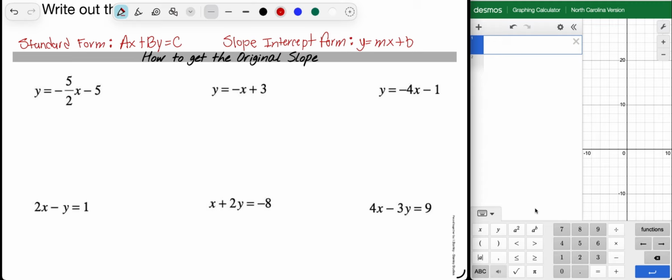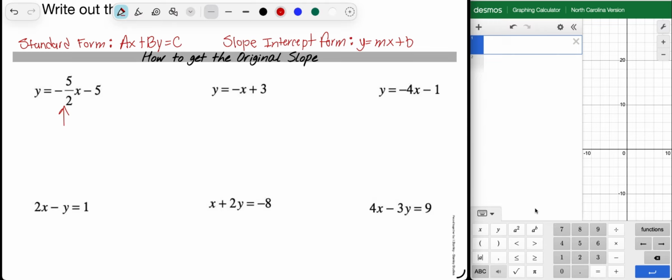So like in the first one, we have y equals negative 5 over 2x minus 5. Now that is slope-intercept form, where the m is slope and it is beside our x. So that means it's going to be beside the x every time in that format. So in this problem, we have negative 5 over 2 right beside the x.